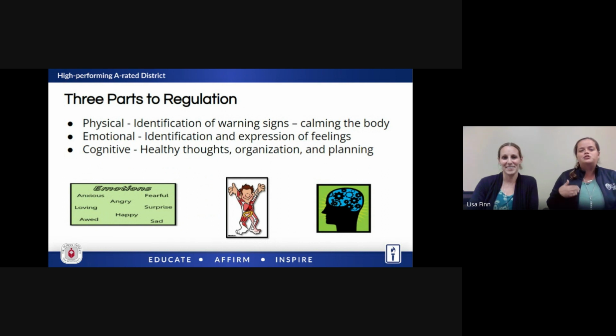Are they able to identify how they're feeling in a situation and then express those feelings in a productive way? And then there's also cognitive regulation, and that talks about their thoughts, their organization, their planning. Sometimes in education, we call that our executive functioning, right? But all of those pieces really come together to make full regulation for our students.